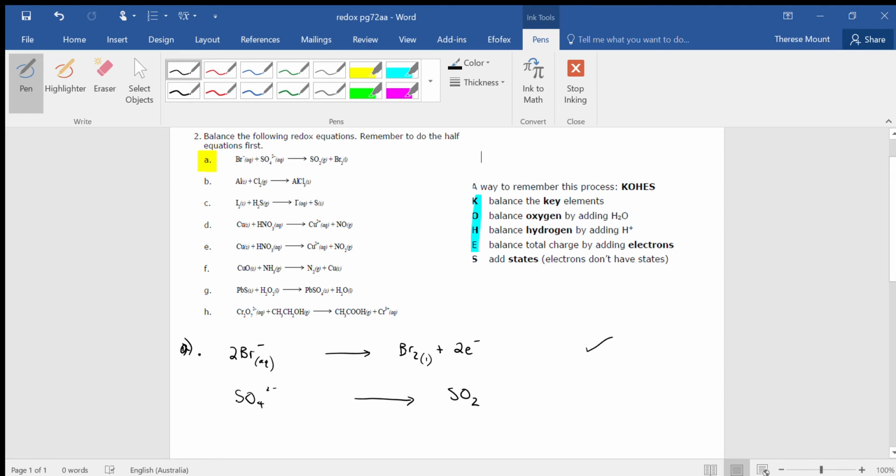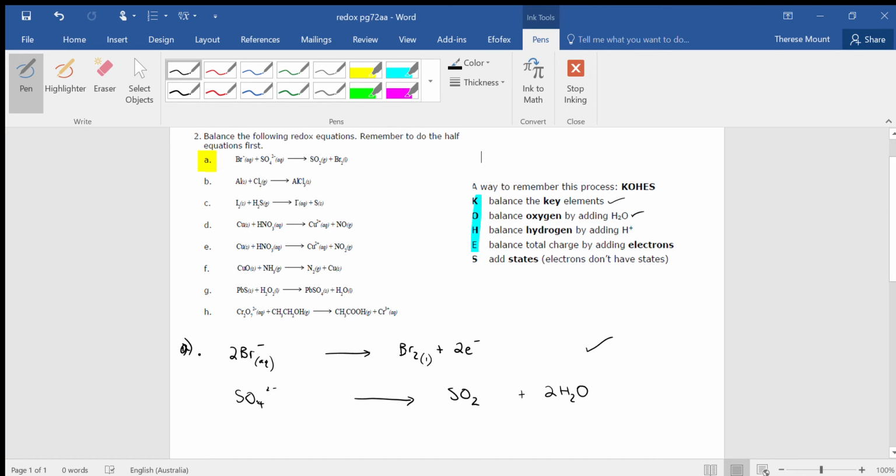Well, I've got one sulfur, so that looks pretty good. Tick. Oxygen, balance them. 4 oxygen to 2 oxygen, so I'm going to have to add water to balance my oxygen. I'm going to add 2 water so that I have 2 more oxygen on this side. So 2 plus 2 is 4. I've got 4 on that side, so that's good.